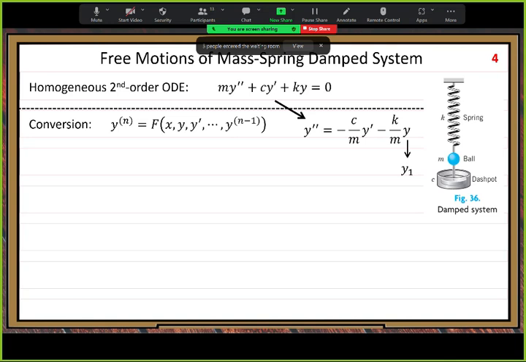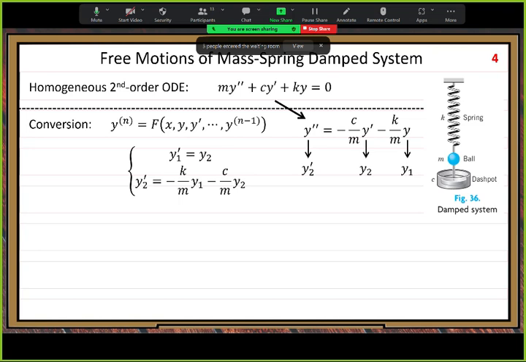Y we change to y1. Y prime we change to y2. Y double prime changes to y2 prime. Then let's rewrite the equation as a linear system. So here, 2 unknown functions, y1, y2.